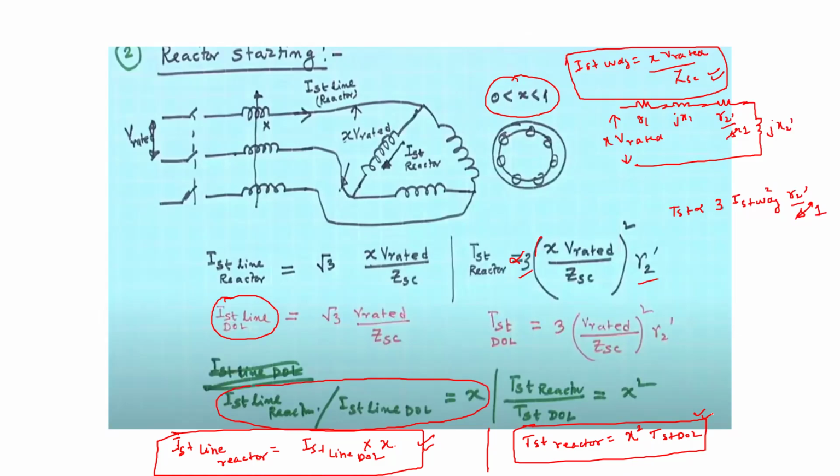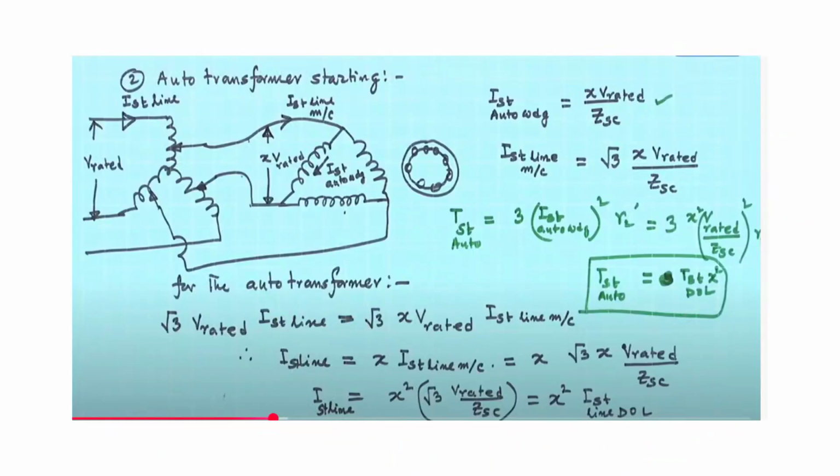Now we will go to auto transformer starting. In the auto transformer starting, we connect the auto transformer, and from the auto transformer tappings, we take the line connection to the induction machine stator. By changing these tappings in the auto transformer, you can supply X V rated across the stator of the induction machine, just like the previous method.